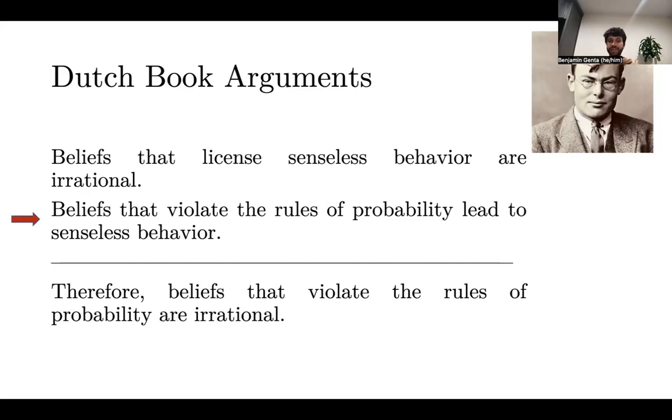And let's see an example, right? Dutch books are very complicated. There's a whole theory behind them. But let's see an example of how violating the rules of probability can lead you to senseless behavior. To do that, we're going to have to operationalize the notion of belief.